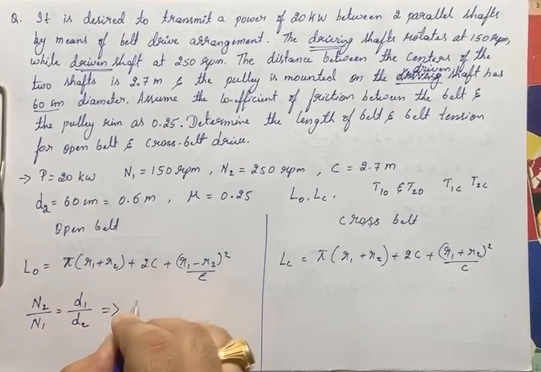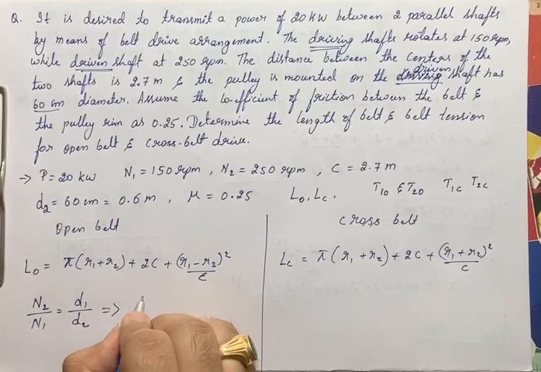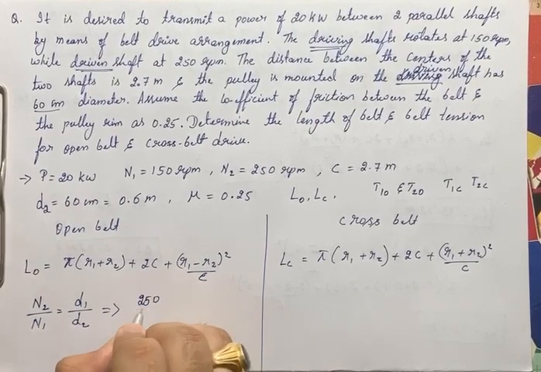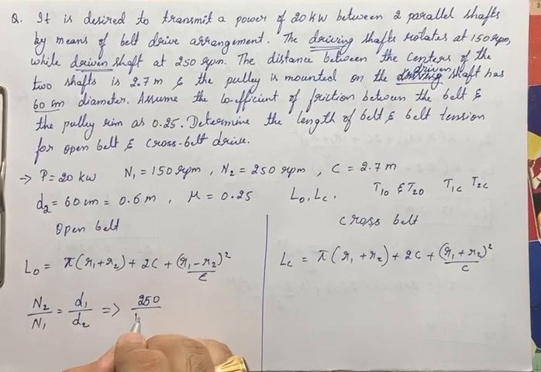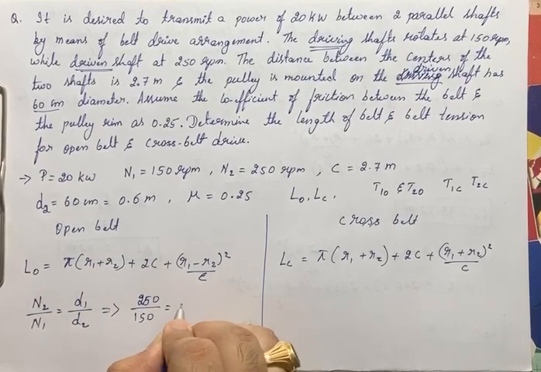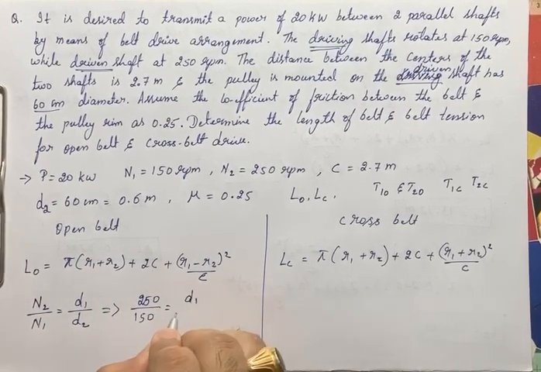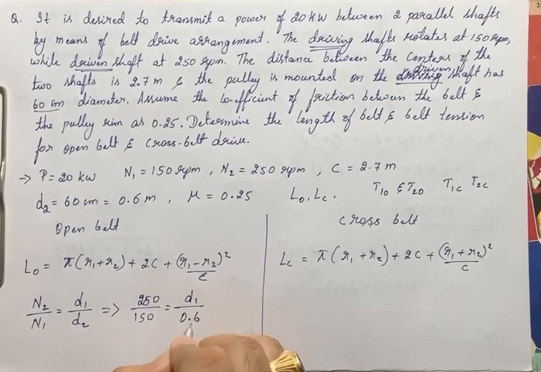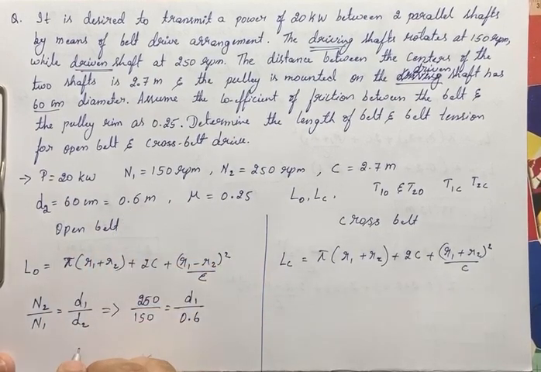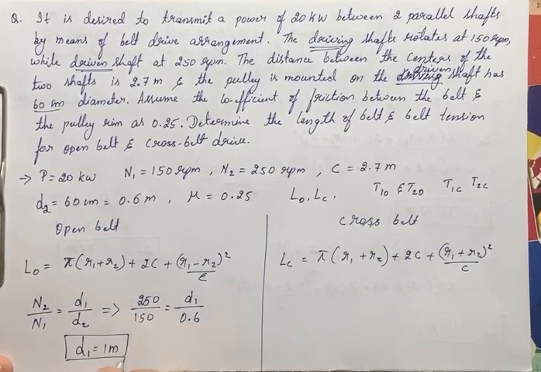N2 here is 250 rpm, so 250 divided by 150 equals D1, which we are supposed to find out, divided by 0.6, which is D2. So I get D1 as 1 meter, or else R1 here is 0.5 meter.